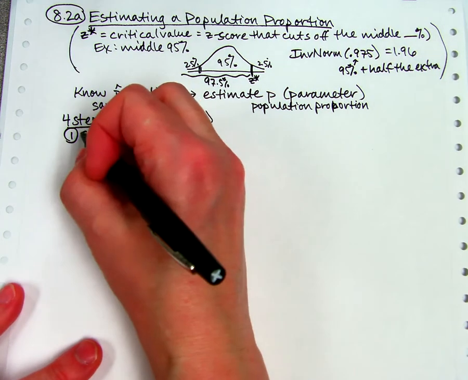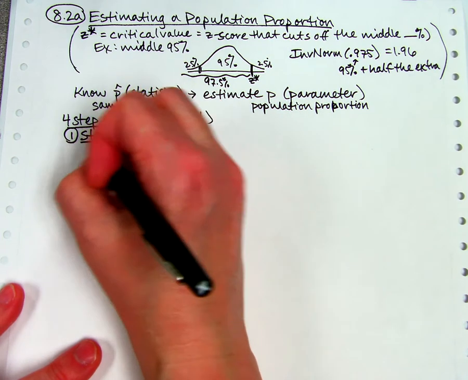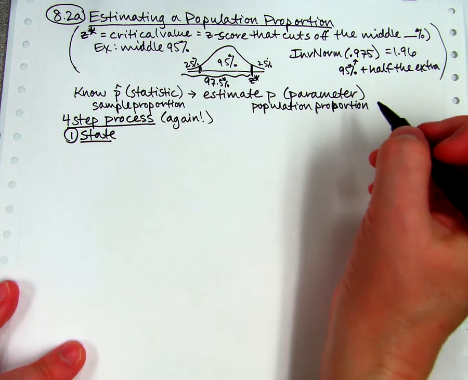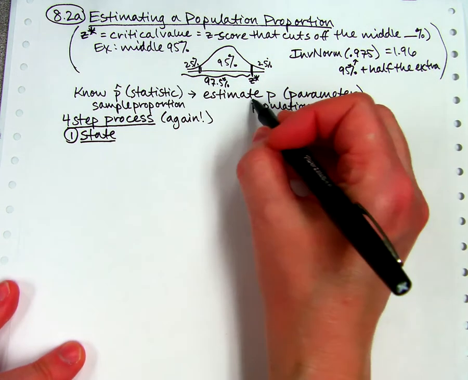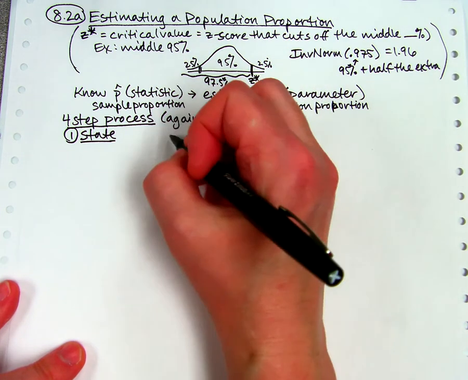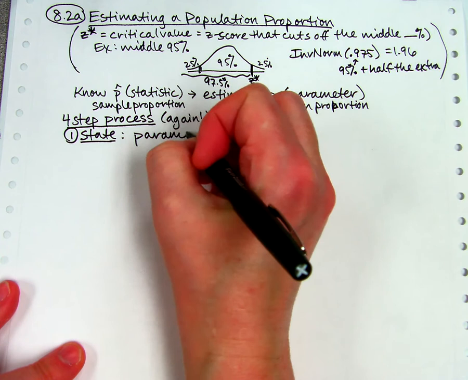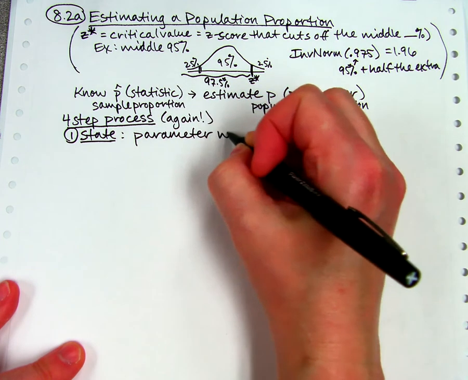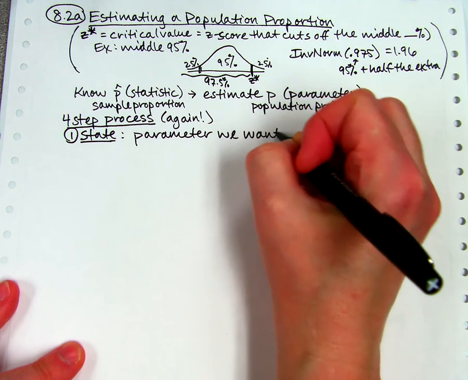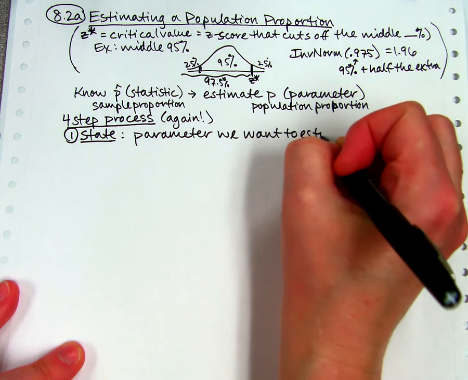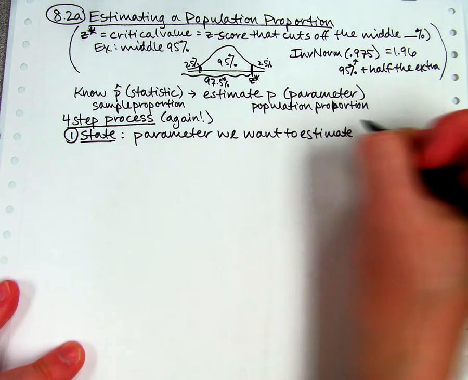We start with state. And specifically with the confidence interval, we need to state what it is we're trying to estimate, the parameter we want to estimate, or the context.